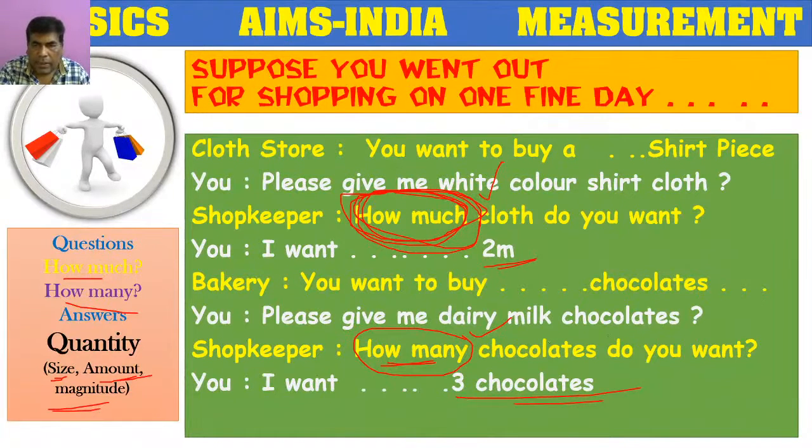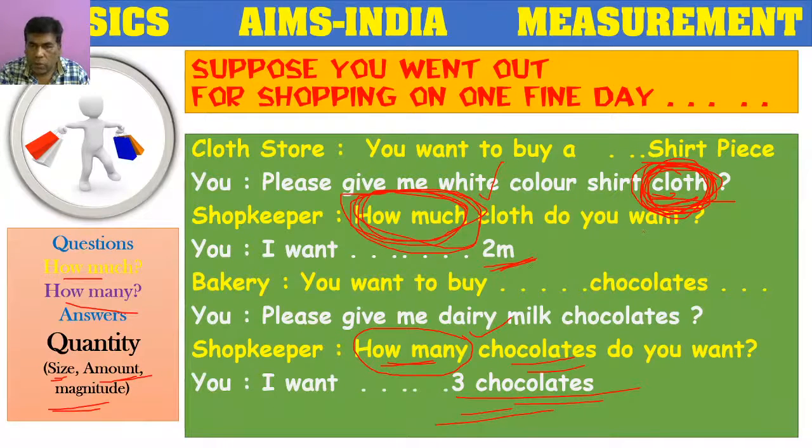Here the shopkeeper wants to measure the length of cloth. That length of cloth value is equal to 2 meters. Here, how many chocolates? 3 chocolates.